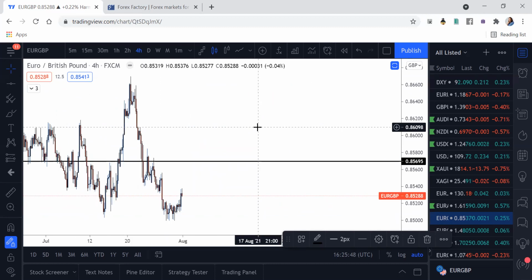So I usually do this on the daily time frame. Sometimes I do it on the 4 hour time frame, but I don't do this on the 2 hour or the 1 hour or the 30 minute or the 15 minute time frame. No. When it comes to identifying structure, I only identify it on two time frames, the daily and the 4 hour time frame. And that's it.